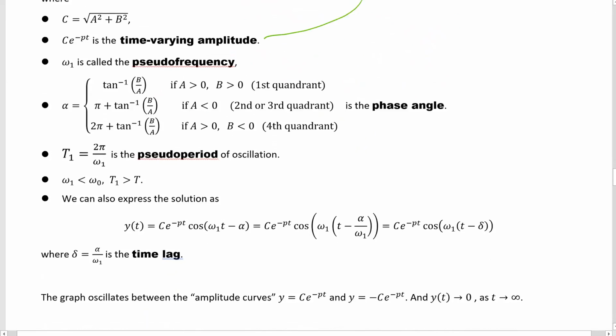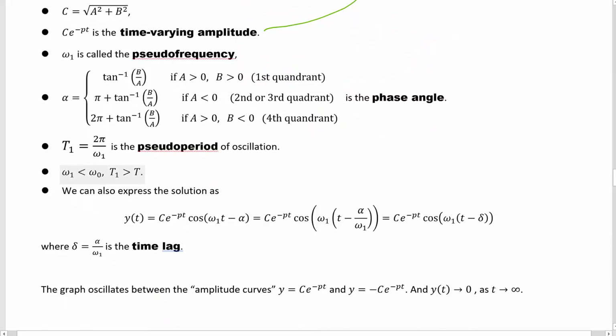And in general, omega 1 is less than omega 0, and T1 is greater than T. We can also express our solution by factoring out omega 1, then we have t minus alpha divided by omega 1. Then this is our time lag. Okay, so the way we find it is very similar to the way we did before. So far, so good, everybody?